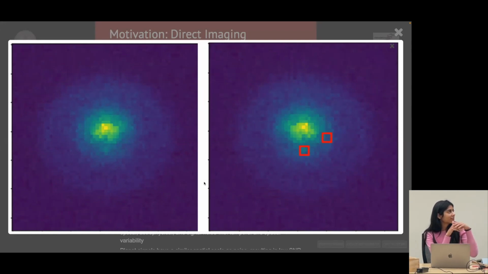It's the same image on the left and the right, and you can see that there are two exoplanet sources in this image, which are identified by the red boxes on the right. However, if you look at just the image on the left, there's no way that you could actually disentangle where that planet is in the image.